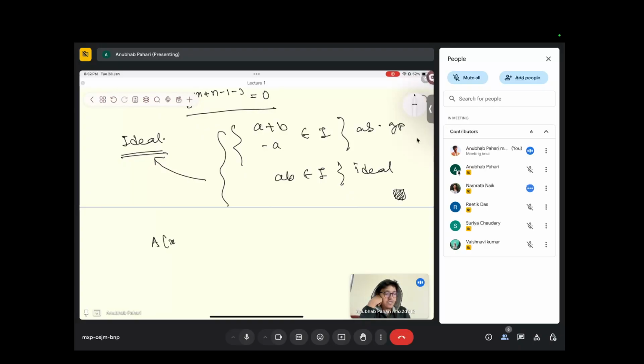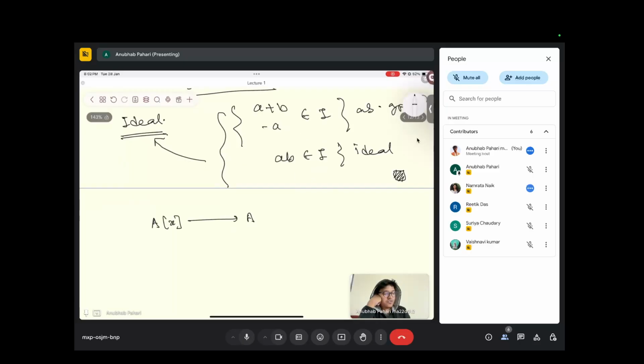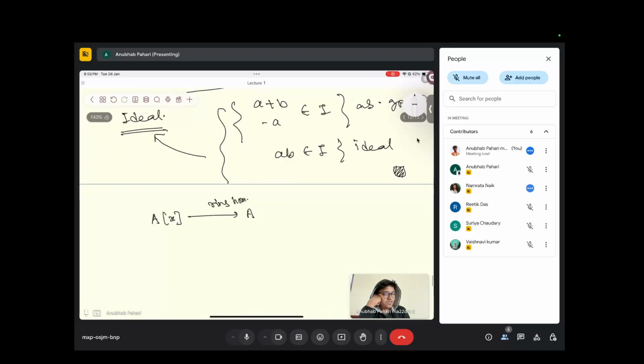You mean from A[X] to A? Yeah. So there is always the trivial one. You are saying that is the evaluation at 0? No, that would be the identity map, I think.